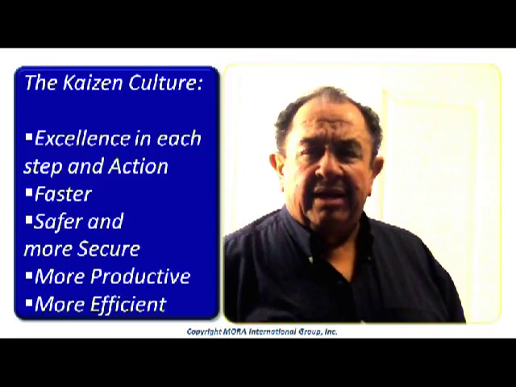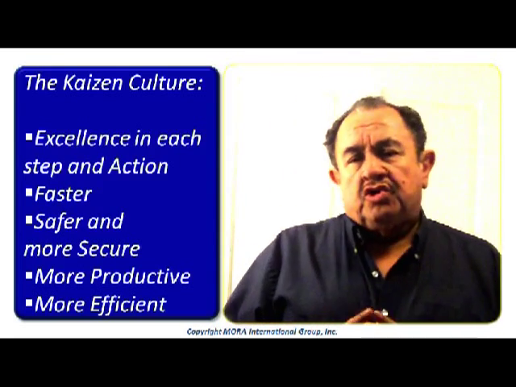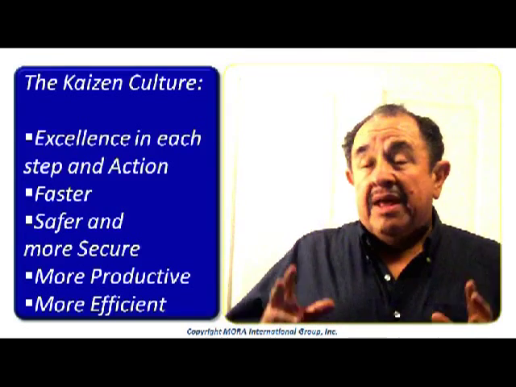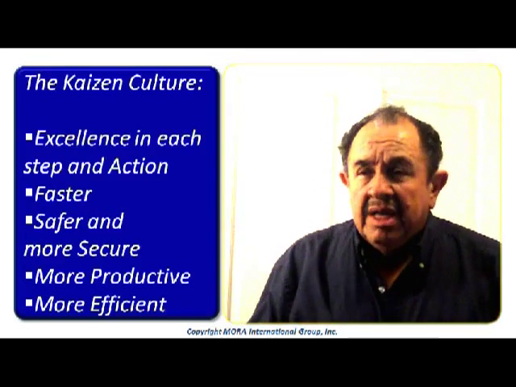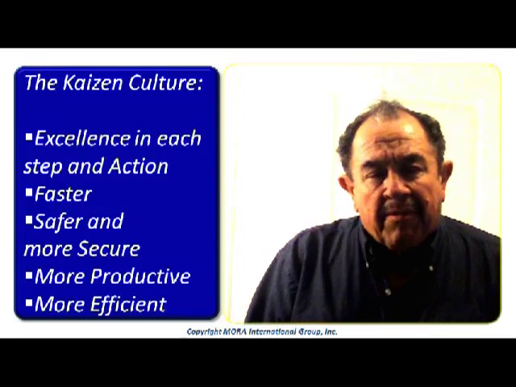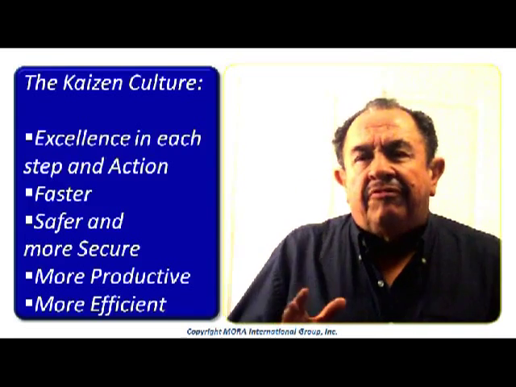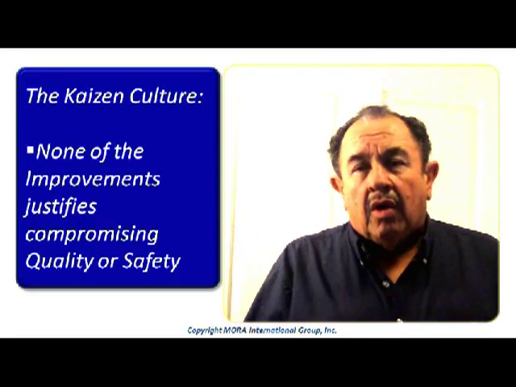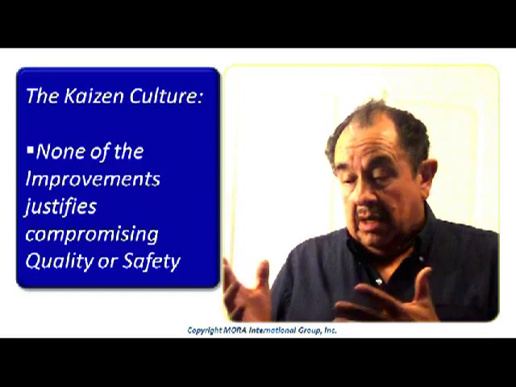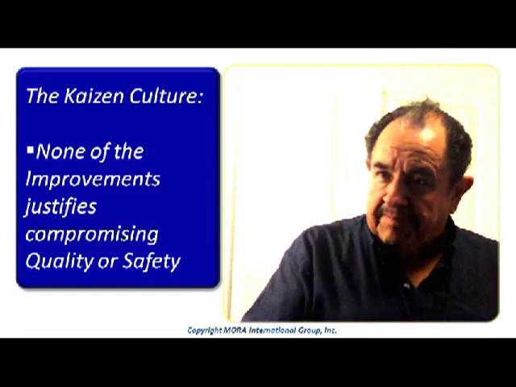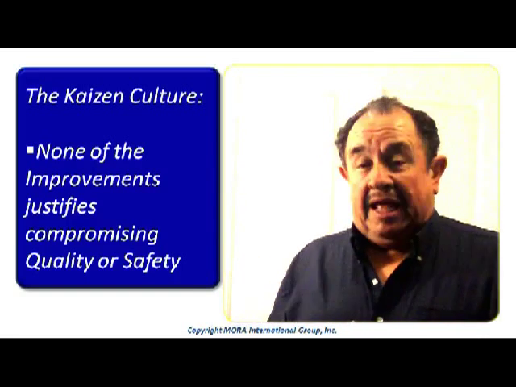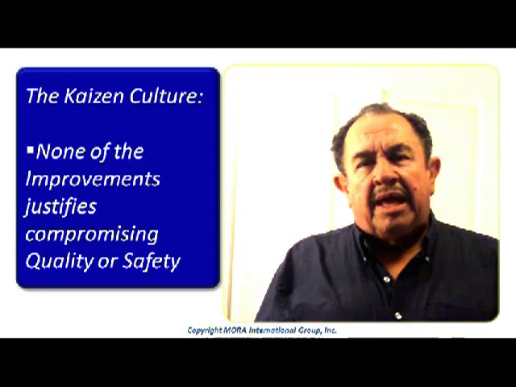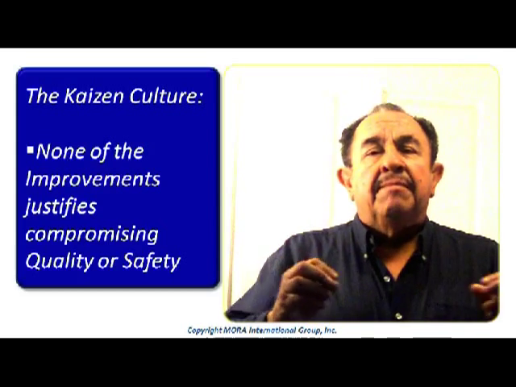Now, the Kaizen culture also establishes a very critical part here: never could one of those improvements justify that we compromise the quality of the product or the safety of the persons, of the products, and of the plant. Those are the observations that we need to make for every single improvement.